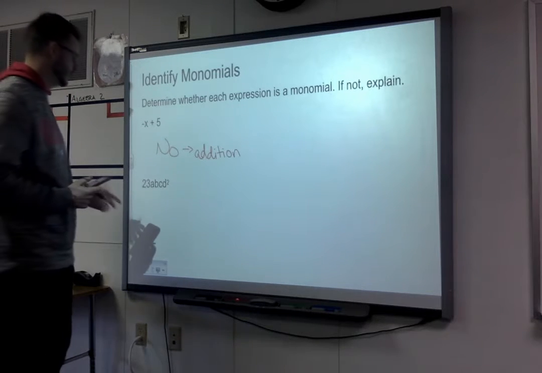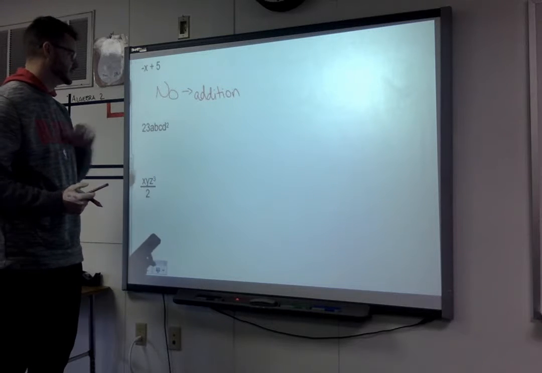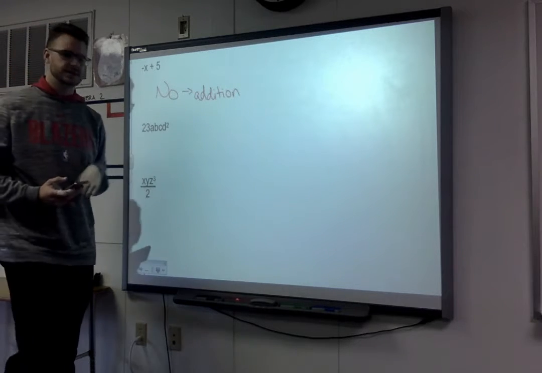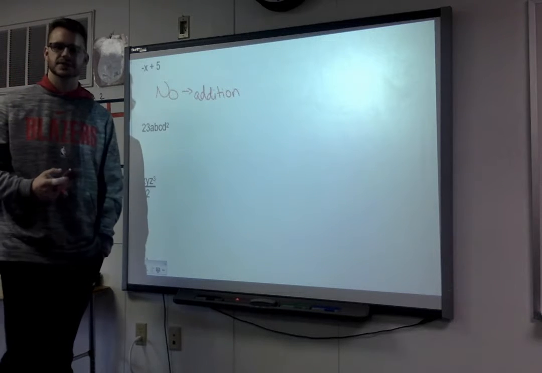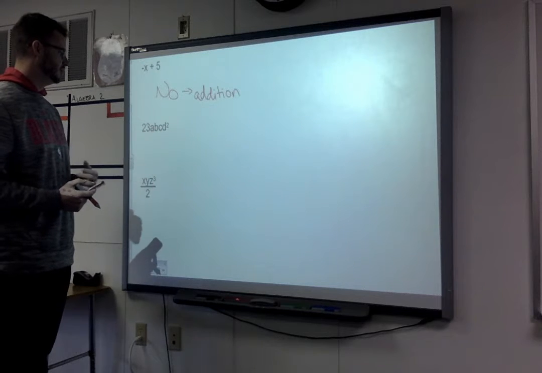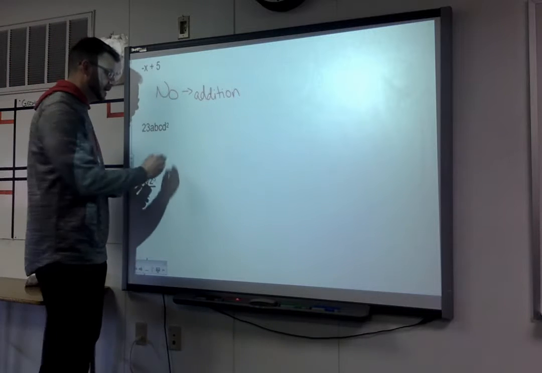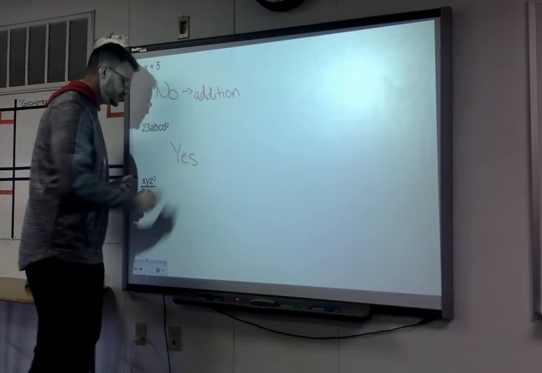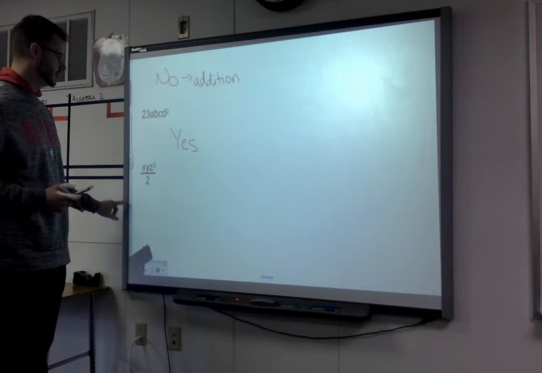Here, 23abcd squared. What we're really saying is 23 times a times b times c times d squared. So we've got numbers, variables, and an exponent all multiplied together. So yes, that would be a monomial.